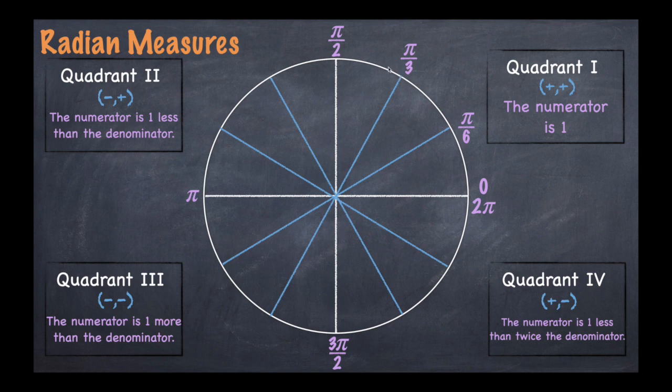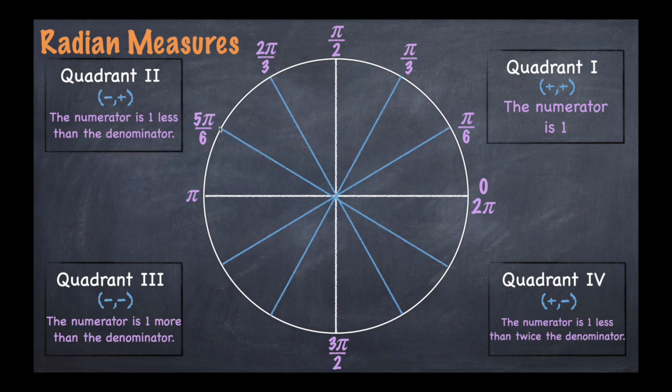Now I can keep going. Over here, I would be at 3 pi over 6, which reduces to pi over 2. My next position would be 4 pi over 6, which would be improper, so we would reduce that to 2 pi over 3. If I keep going over here, I would now be at 5 pi over 6.